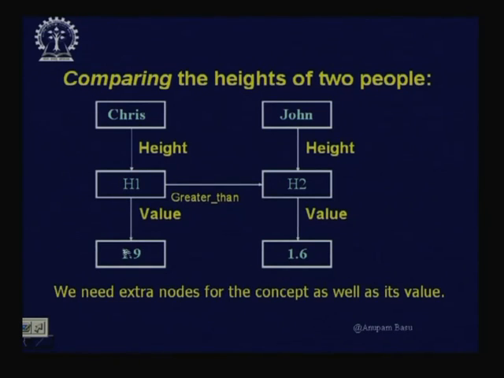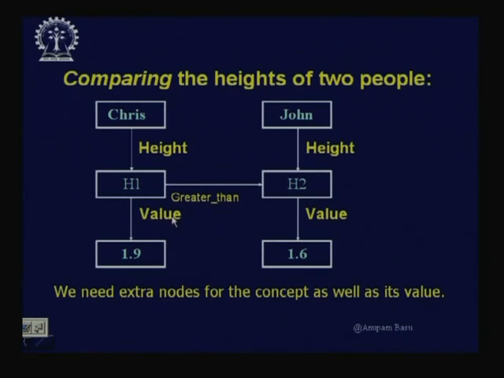These are constants 1.9 and 1.6. Now, the height of Chris is h1 and the height of John is h2, and we are relating them, and the value of h1 is 1.9 and the value of h2 is 1.6. So, you see that we have already brought in one new relationship called value over here.